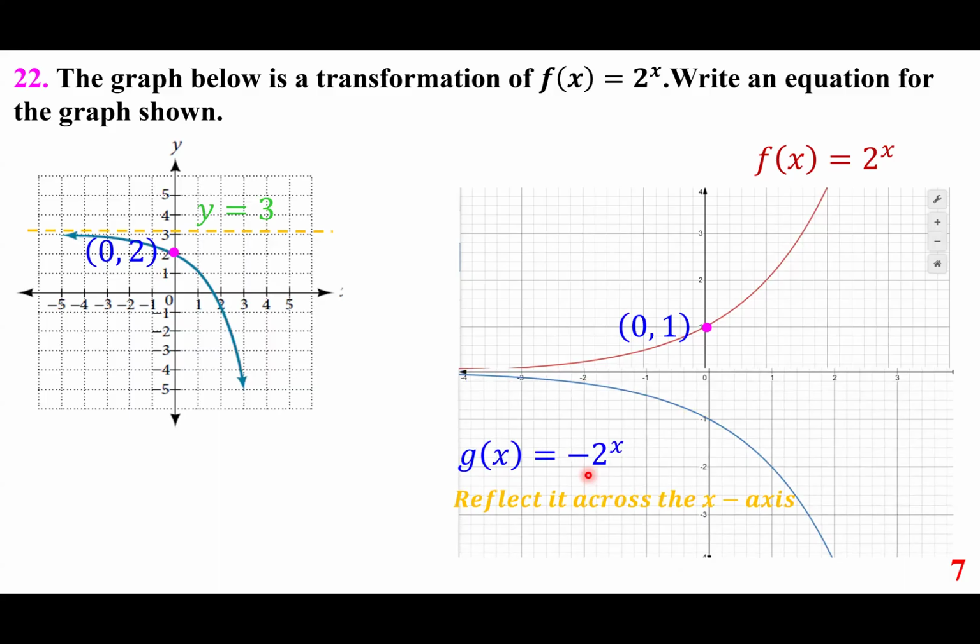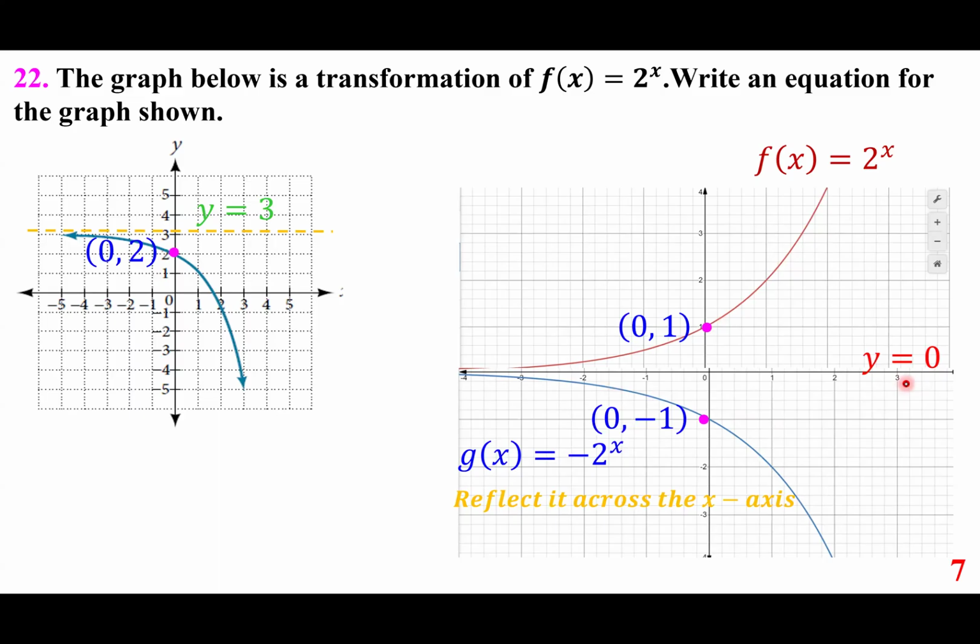And so (0, 1) now becomes (0, negative 1). And in both cases, of course, the horizontal asymptote is not changing. The horizontal asymptote remains the x-axis, y equal to 0, for 2 to the power of x as well as negative 2 to the power of x.